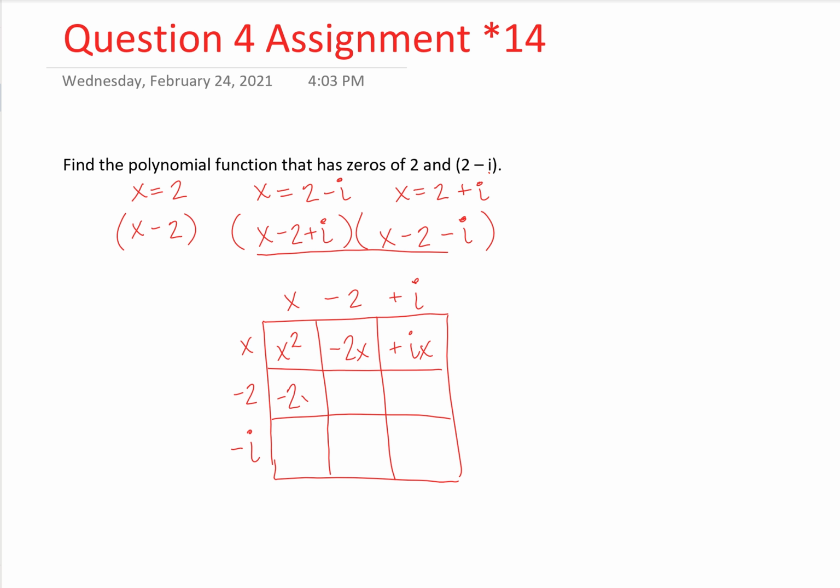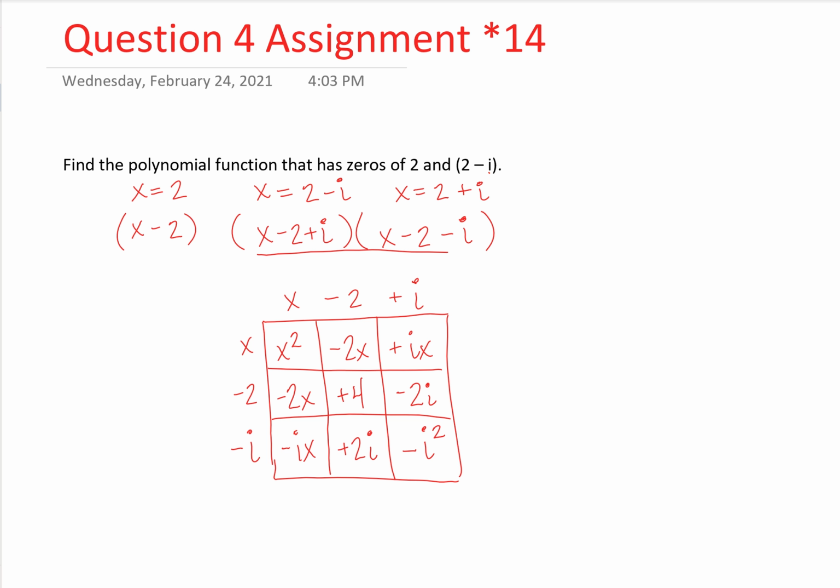This becomes a negative 2x, positive 4, negative 2i. This becomes a negative xi, whatever. This becomes a positive 2i. And then this last one, positive times a negative is going to be a negative. And this i times i is i squared.